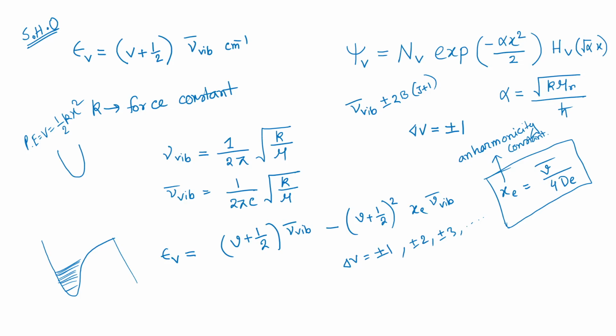Because in the presence of a very high temperature, some population will be there in your V equals 1 state. Then you can see a transition from your first excited vibrational state, that is V equals 1, and you may observe a band there, and that's why it is known as a hot band. At higher temperature you will be able to see that.